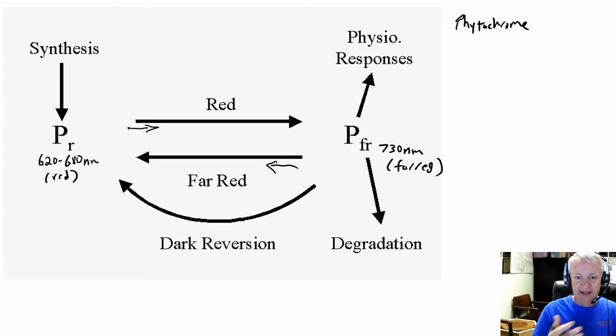So I'm going to talk about several examples in which phytochrome, through sensing the balance between red and far red, the presence of light, or the reversion of far red back to red forms, all of those interconversions acting in different ways enable phytochrome to act as a sensor of light and light quality.